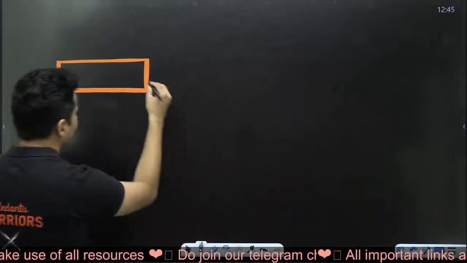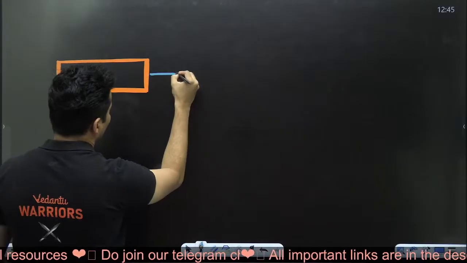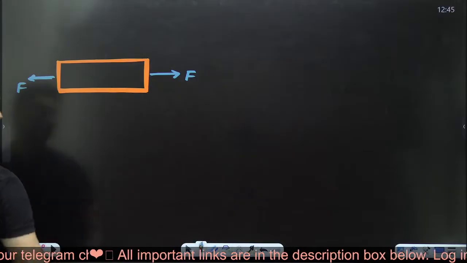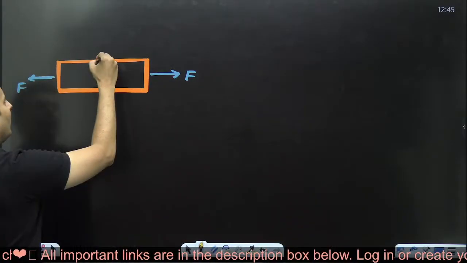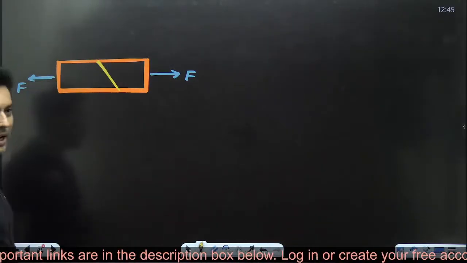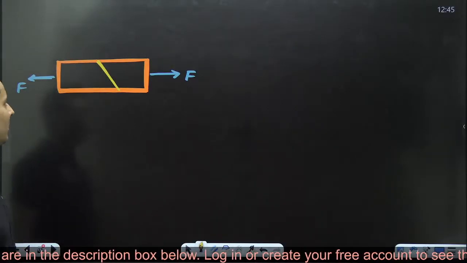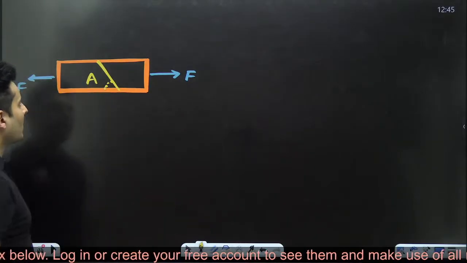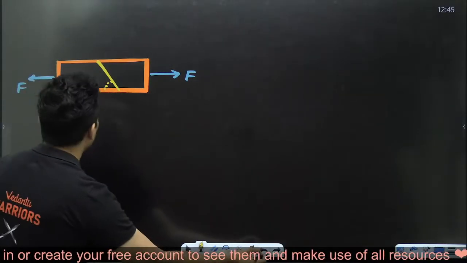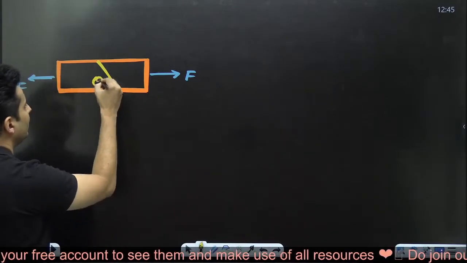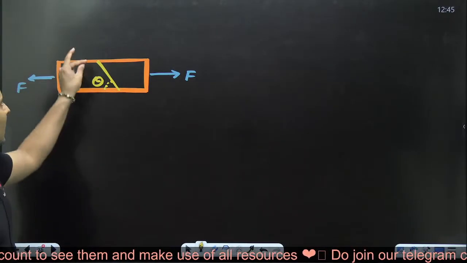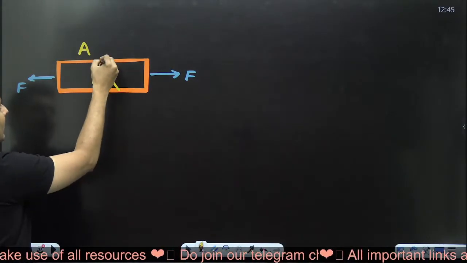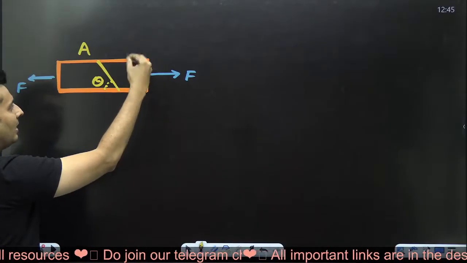Imagine that there is a block and you have pulled it by some force like this, and somebody gives you a cross section in this particular manner, and let's say this particular angle is theta, and this inclined area is A. The inclined area is A. It could be different from this area also.